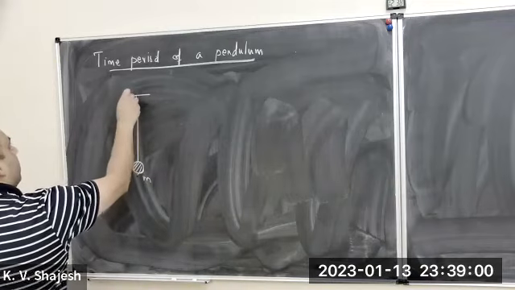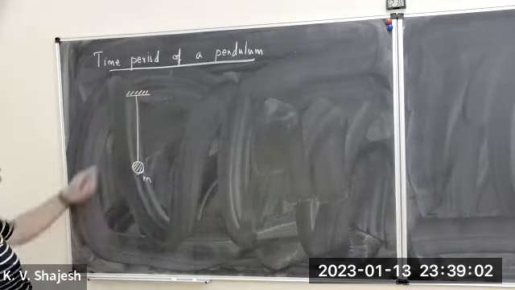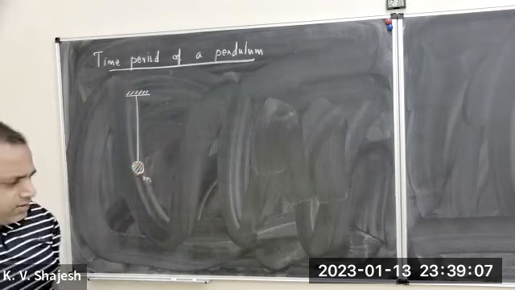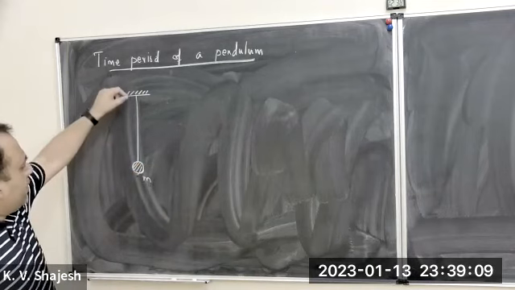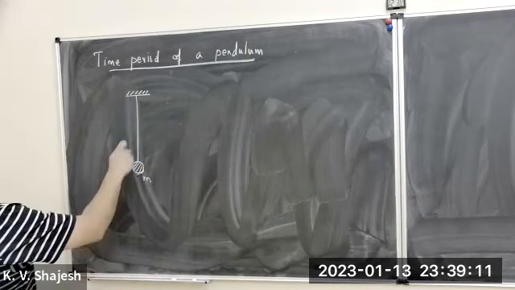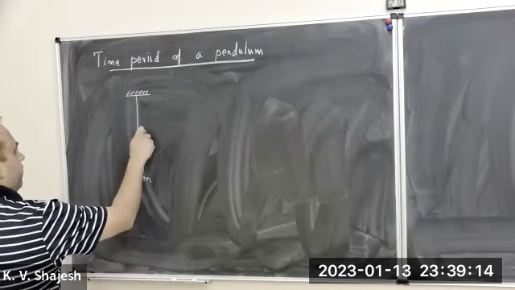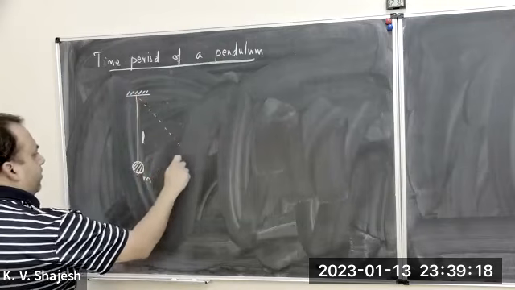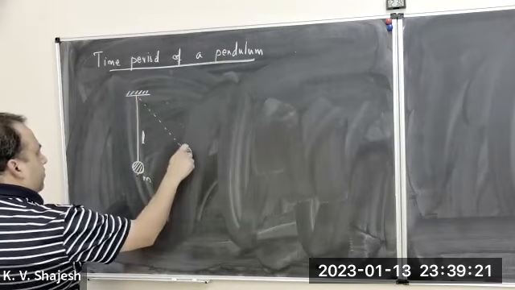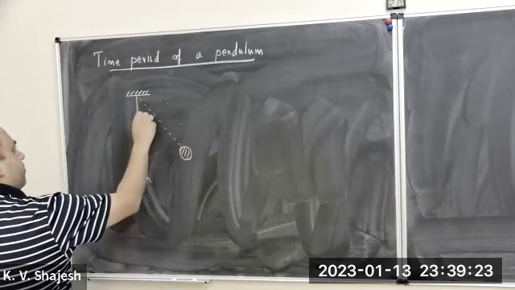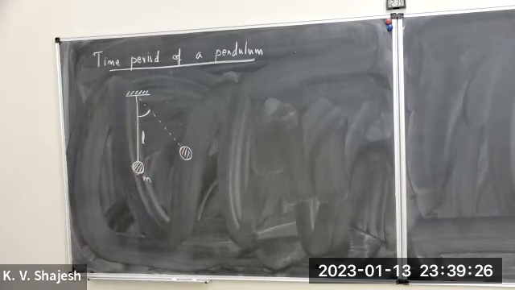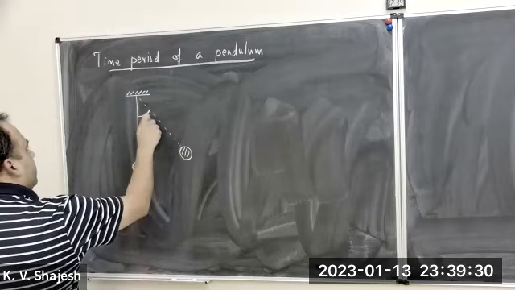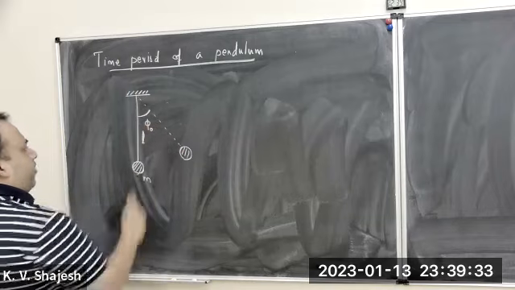You hang this from a ceiling or any rigid, fixed point, and it is of length L. You pull this to the right, with the same mass, and that is described by this angle. How much you pull it to the right we give by an amplitude phi naught.